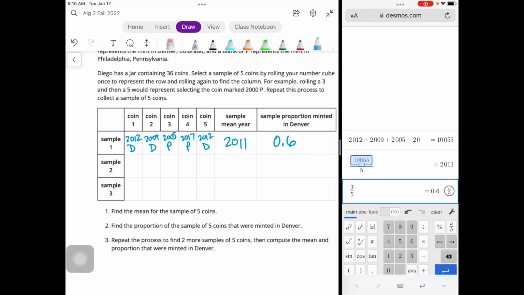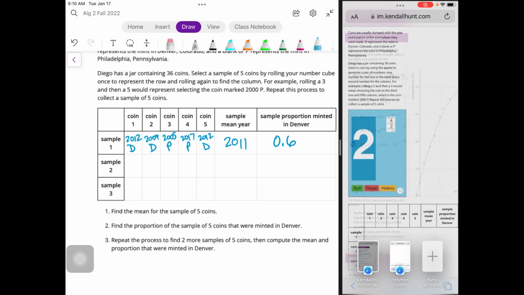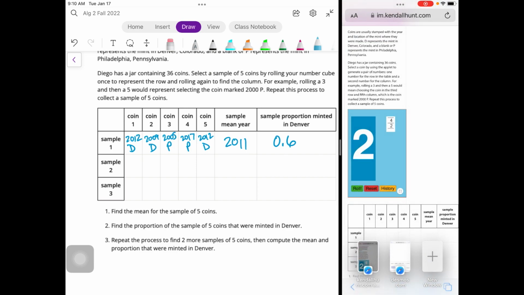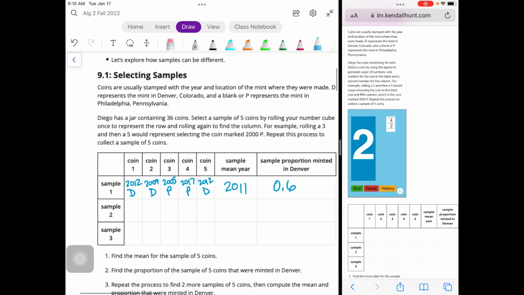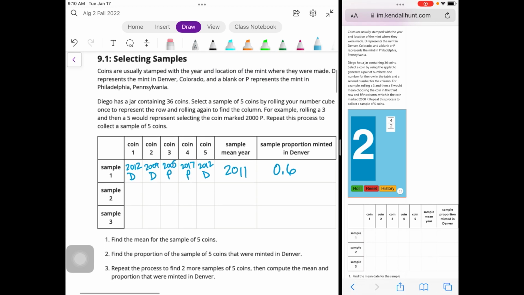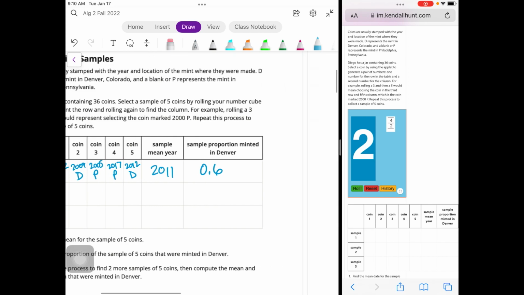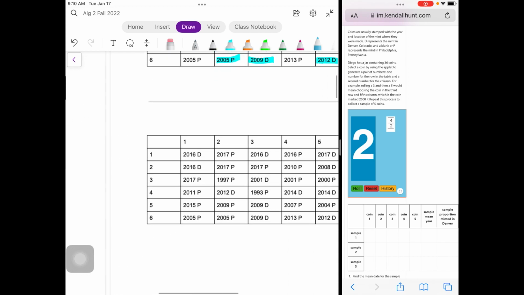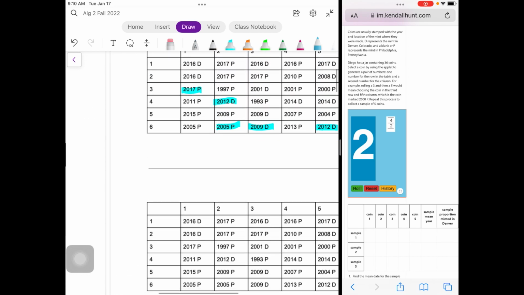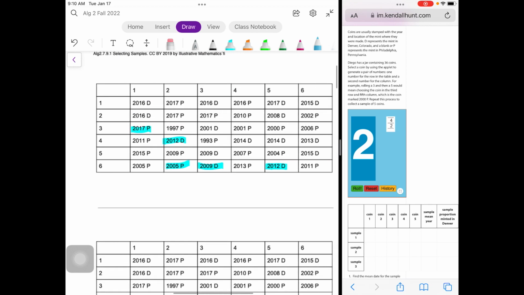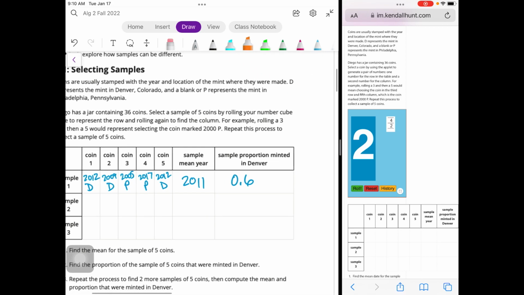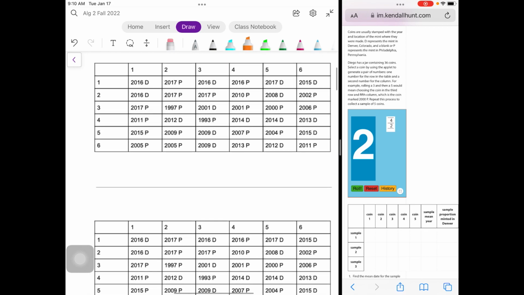All right, so now let's go back to our applet and we'll do the next roll. All right, so now we're going to roll.